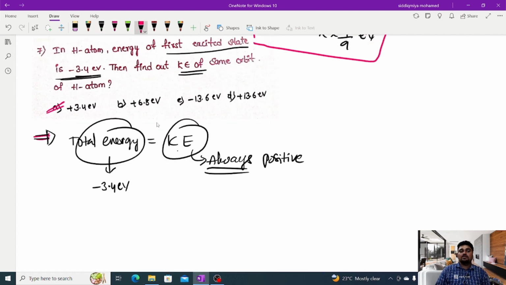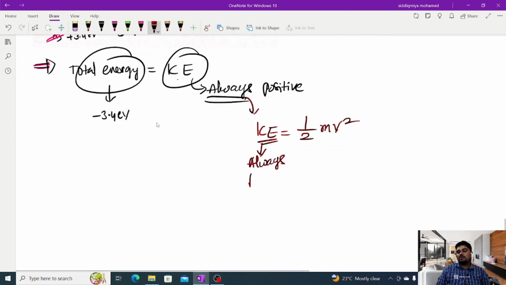Why is it always positive? Kinetic energy has the formula half m v square. Kinetic energy will always be positive. The reason is mass will always be positive. The velocity may be positive or negative.